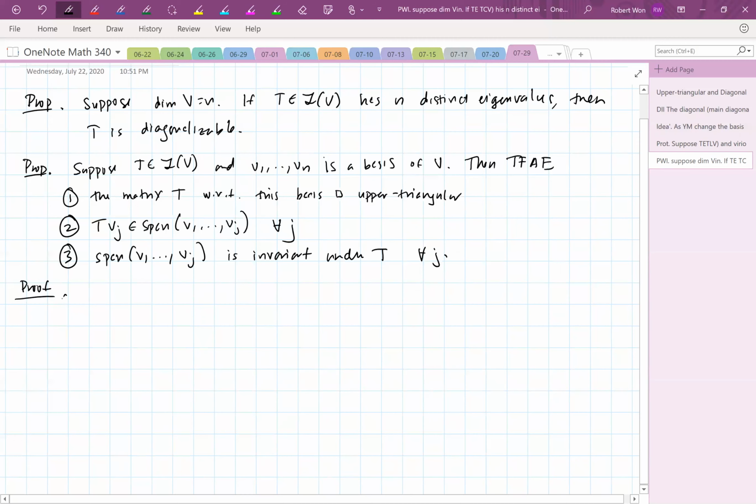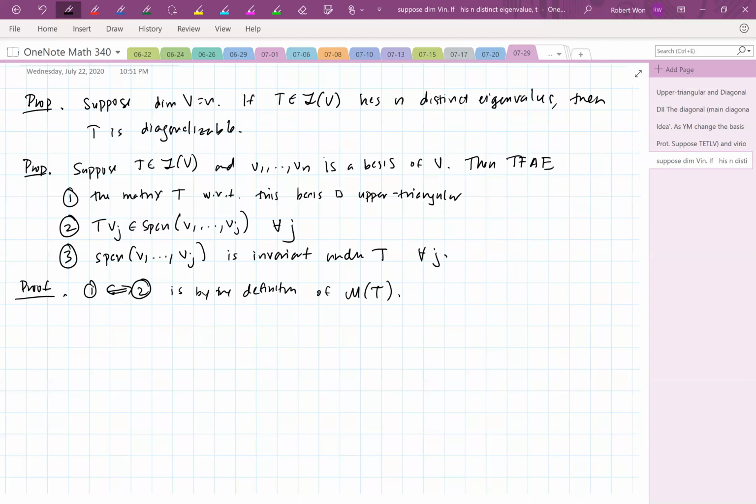Hopefully you can sort of see why 1 is equivalent to 2 based on our definition of the diagonal version of this theorem. Of course, we'll talk about it, but hopefully you're already thinking about it. So 1 is equivalent to 2 basically by the definition of M of T. Remember, the jth column of M of T is supposed to be giving you the information of T of Vj.